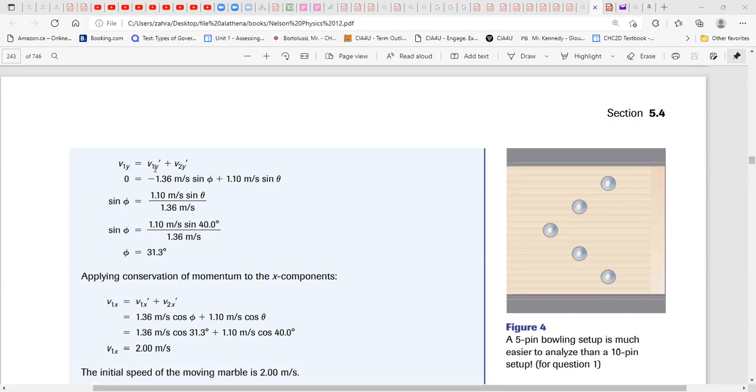You have the marble one velocity in the y direction and the second marble in the y direction, so you add them up. You have a theta here, which is 40. So you rearrange for sine phi, calculate that, and take the sine inverse of whatever number you got. Phi will be 31.2, so the angle by which the second marble is deflected is 31.3.